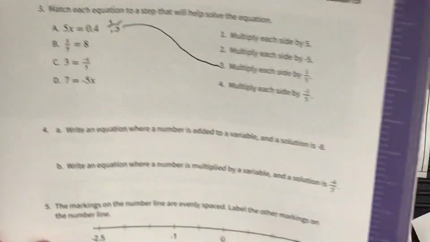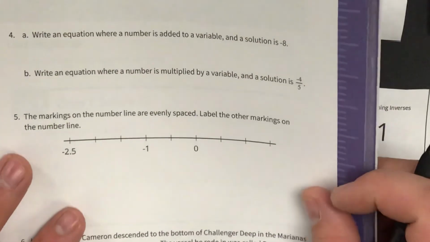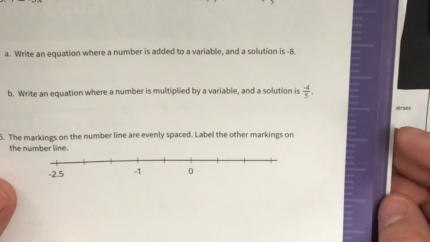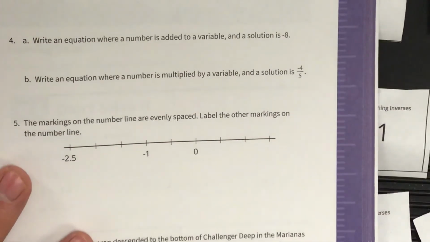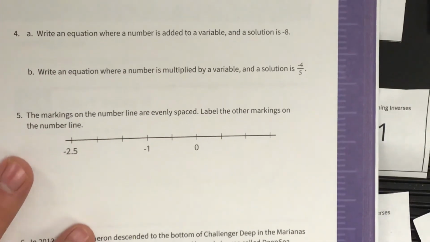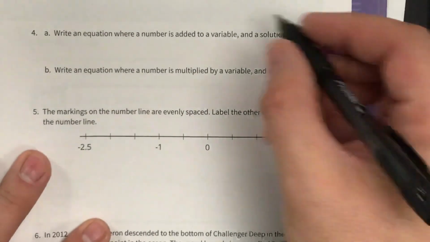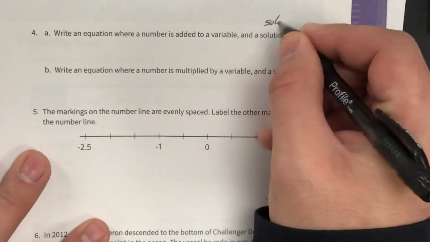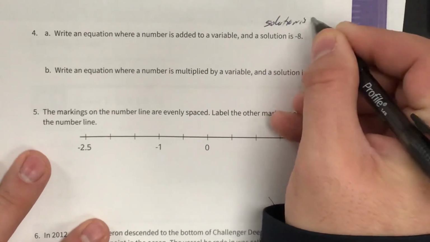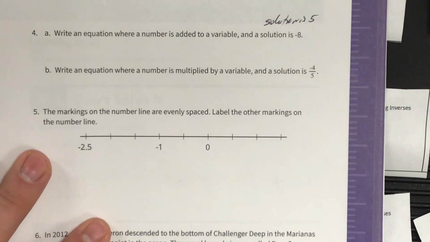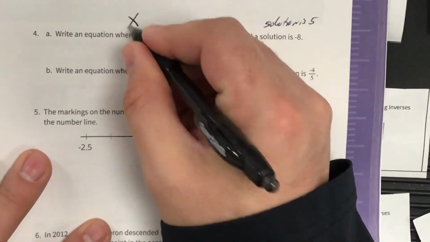Okay, number 4, write an equation where a number is added to a variable and a solution is -8. You're not even solving it. You're writing the equation. I'm going to give you an example. Let's say the solution is 5. So I want my x to be equal to 5.